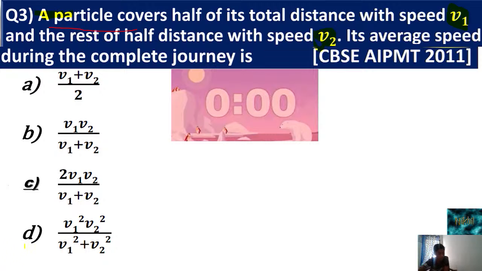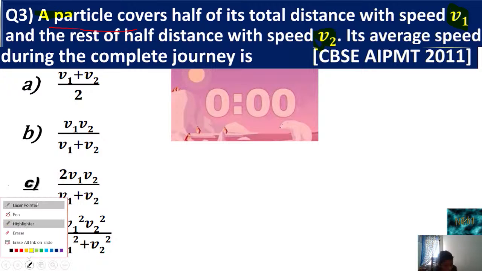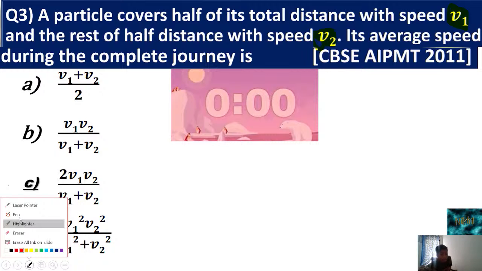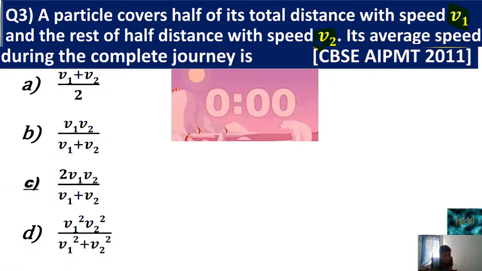If they have given us this, we know that v average means average speed.